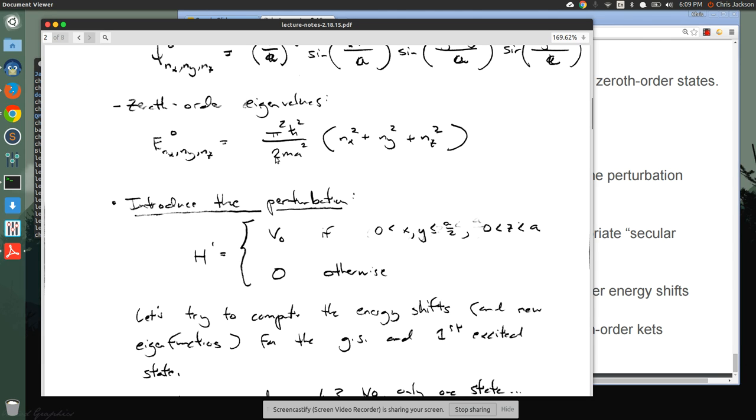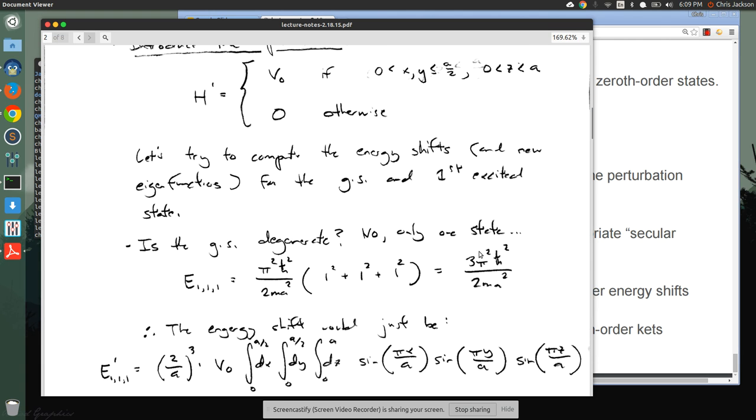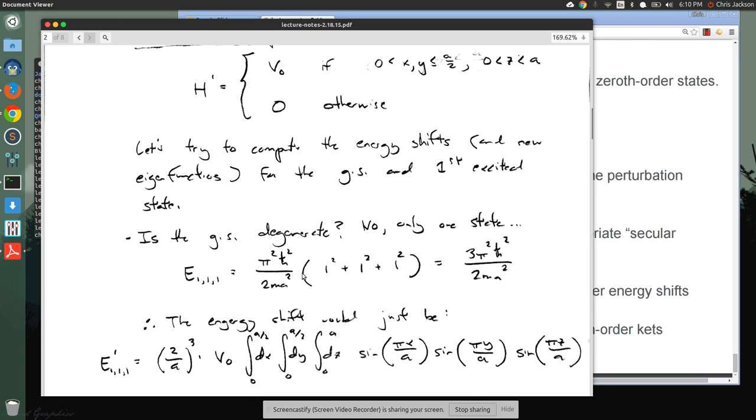That's as low as we can go in all three. That gives us the unperturbed ground state energy eigenvalue, and we see that it's not degenerate. There's only one state that corresponds to the ground state, so we can apply non-degenerate perturbation theory to it.